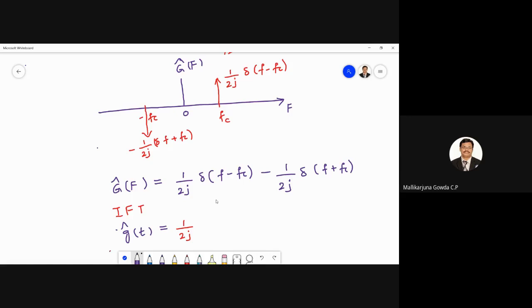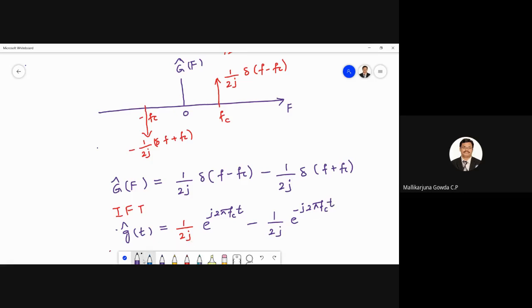if you know what is the Fourier transform of e power j 2 pi fct into dt, it is easy to convince. It's a shifted version of delta function, right? So it will be e power j 2 pi fct. E power j 2 pi fct is the inverse Fourier transform of del of f minus fc. In the same way, I can write for another term also. Minus 1 by 2j. For this, it will be e power minus j 2 pi fct.